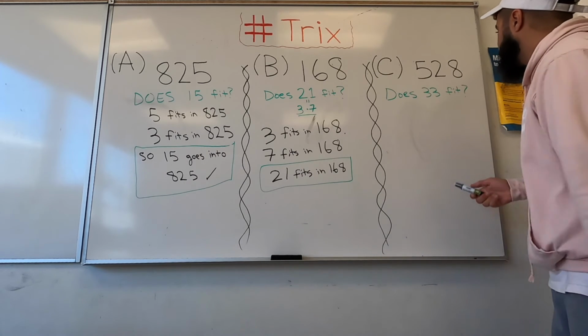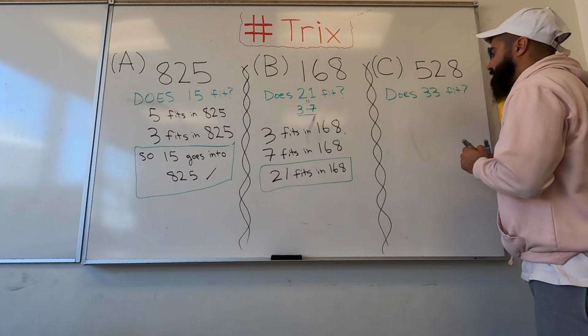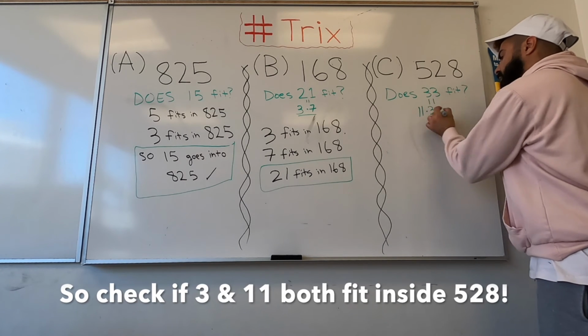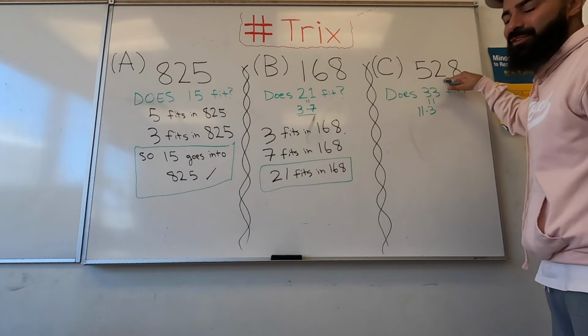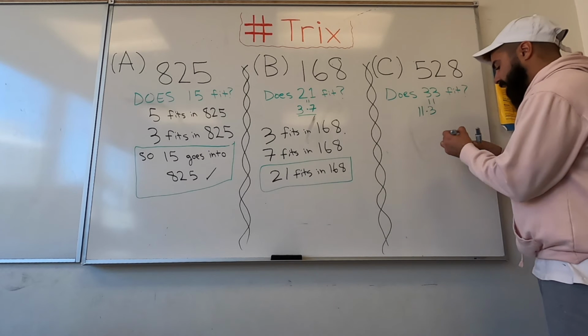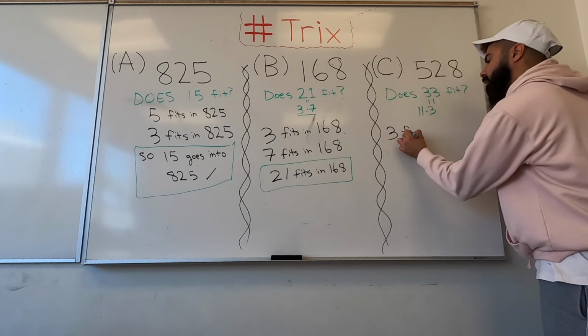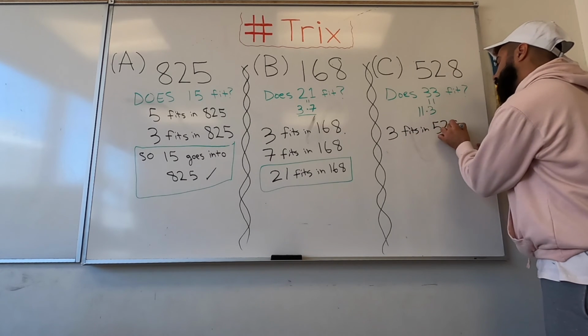Last one, we're going to do this one for the number 33. 33 is the same as 11 times 3. So, by the 3 rule, if we add these all up, again we get 15. 3 fits inside of 15, so that means 3 fits in the number 528.